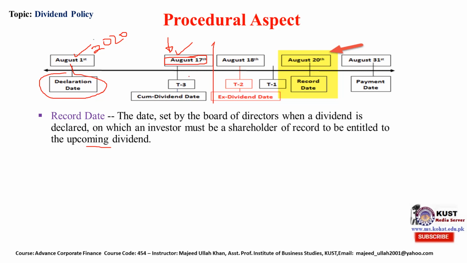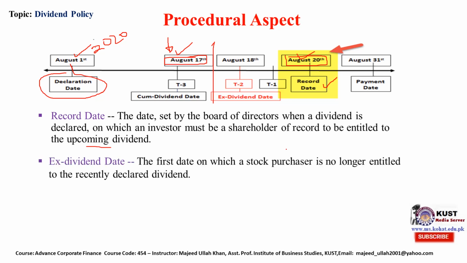Sorry, that is cum dividend, and 20th August is declared as the record date. So before 20th, they have the last date to record their name in the share register of the company. This is the record date. If this date is over, the person will not be obliged to receive any dividend from the company, even though he holds the share certificate.